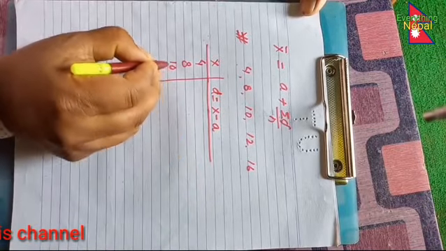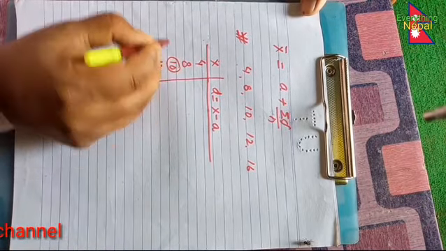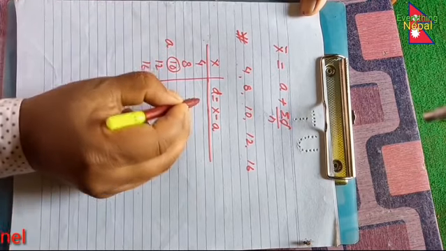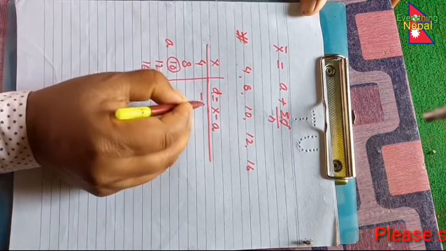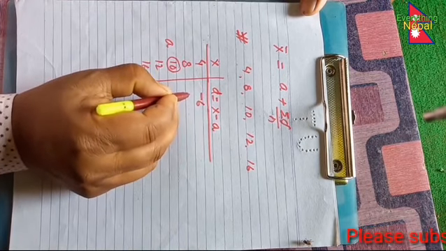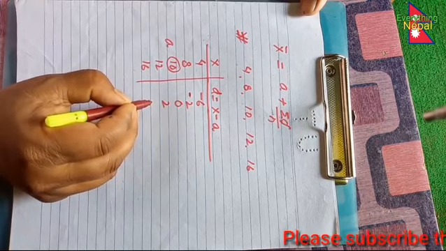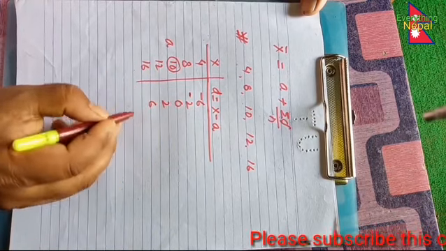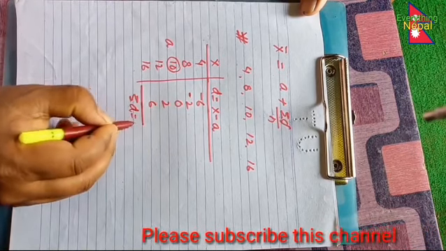If you consider the middle term as the assumed mean, then the difference of observations and assumed mean becomes -6, -2, 0, 2 and 6. So the total summation d becomes 0.